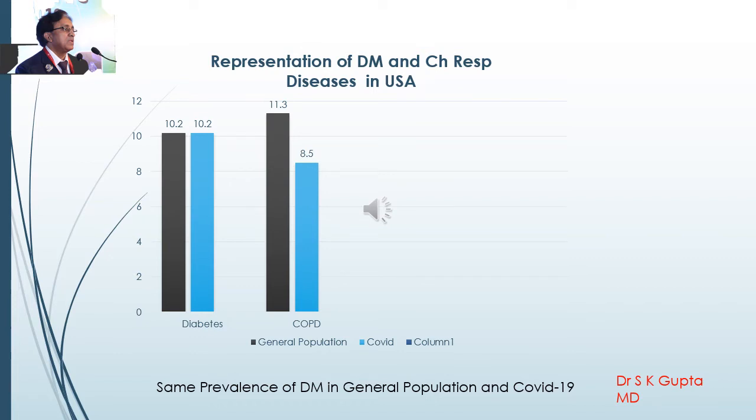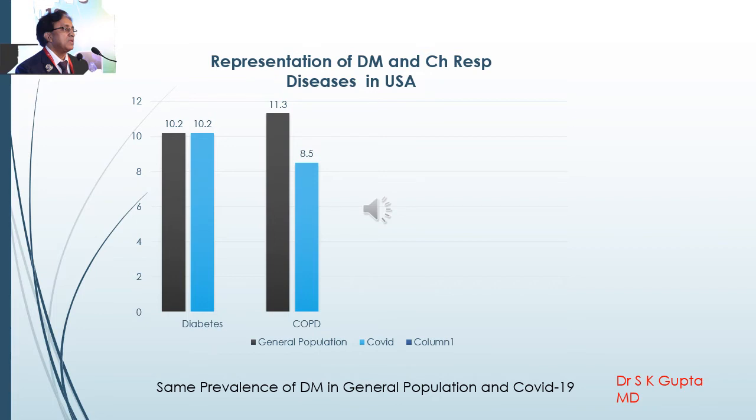You see that in the general population, the incidence of diabetes is 10.2% in USA, and it is the same in COVID patients. It means that the coronavirus is infecting humans at large and it is not distinguishing diabetic versus non-diabetic.